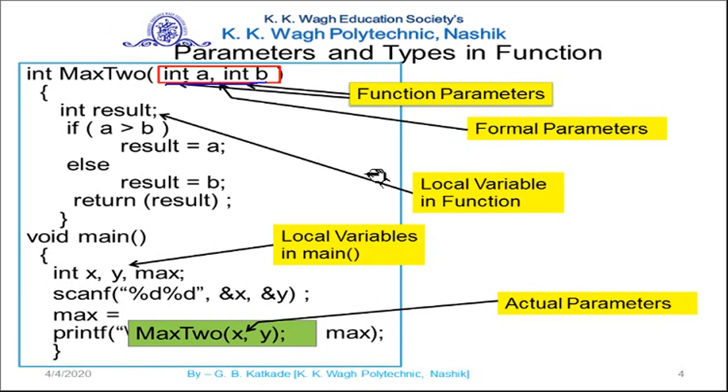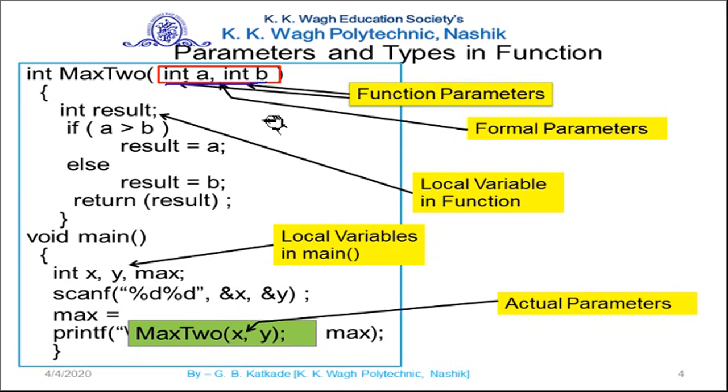In addition, there are terms such as local variables: local variables in main, and local variables in a function. Main has three local variables, x, y, and max, and max2 has one local variable, result. The parameters a and b are also local variables for the function max2.